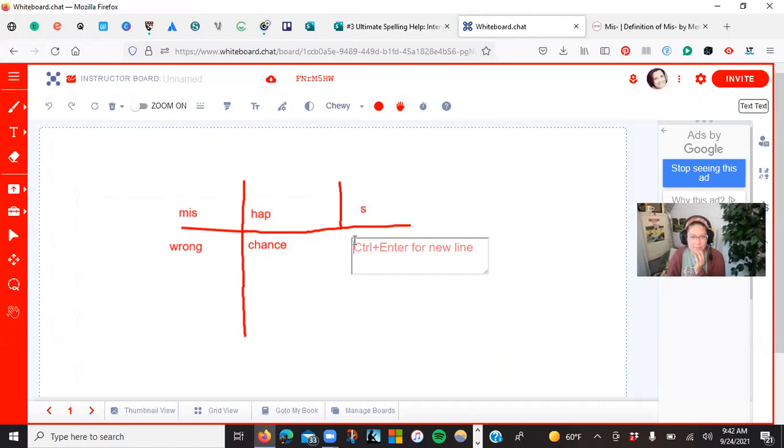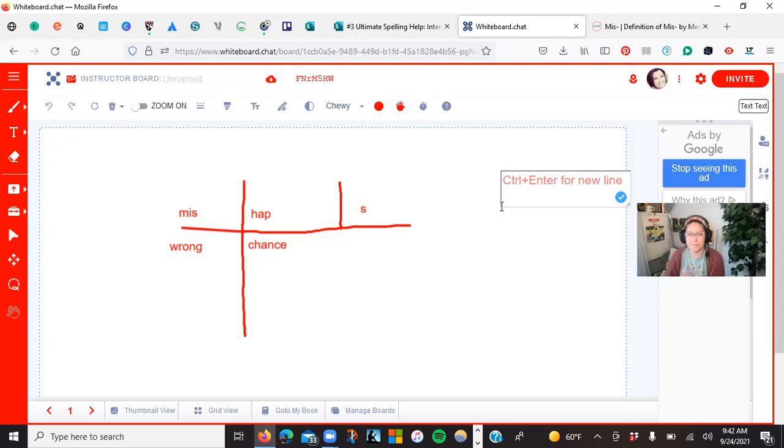I know it's not going to work, but remember, we still have to prove to them that just because you add a prefix and a suffix to a root doesn't mean it's a real word. But we can look it up now. S, remember, I don't want you to think of S as just being used for making something plural. I want you to think of S as helping us with part of speech. How is the word used best in a sentence?